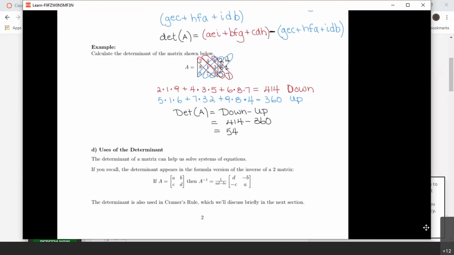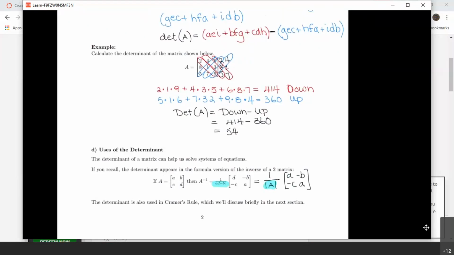So this can be written as 1 over the determinant of A times D, negative B, negative C, A. This little thing under here is the determinant of A. You can see it there.